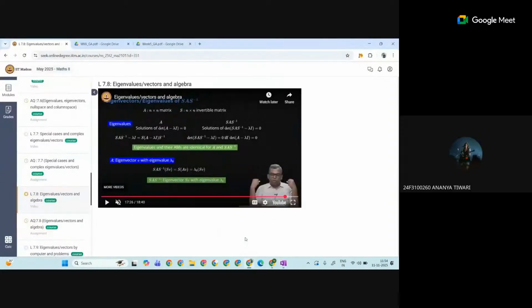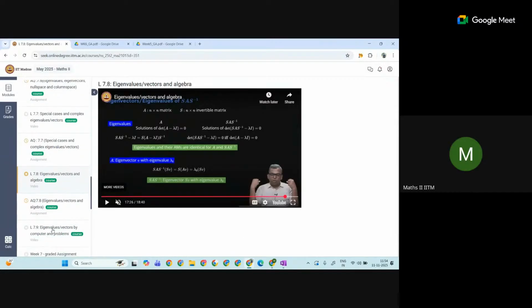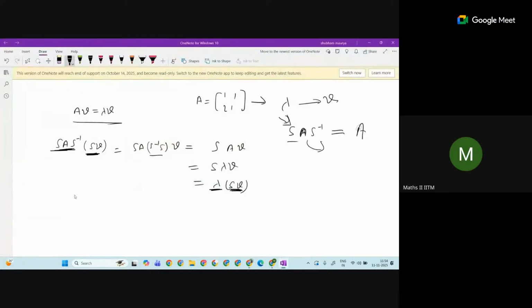Okay, sir, and the last lecture is this by computer, that is by Python. But this is a beautiful implication. These are results, and sometimes a question would be asked in this case. Let's say I have a matrix A and you are asked to find the eigenvalues of A, so you follow the A minus lambda I method and find the eigenvalues.